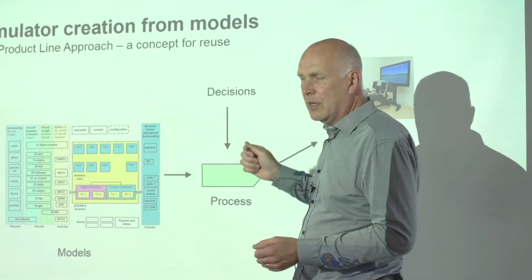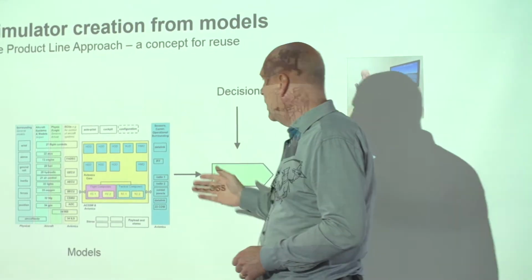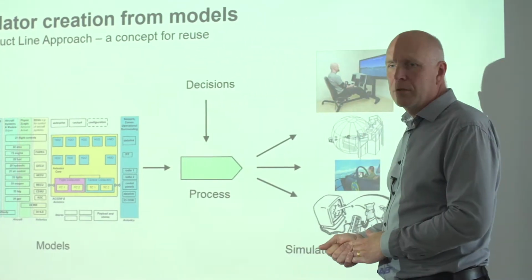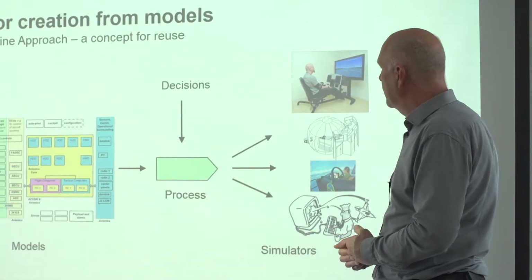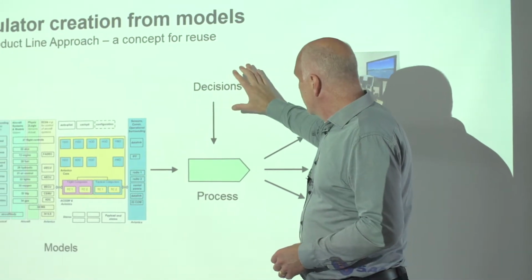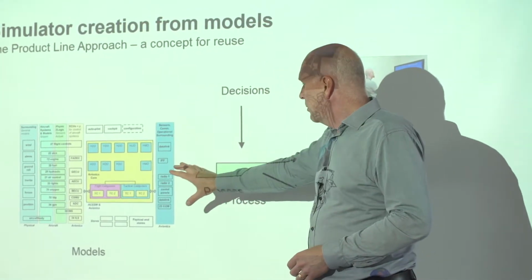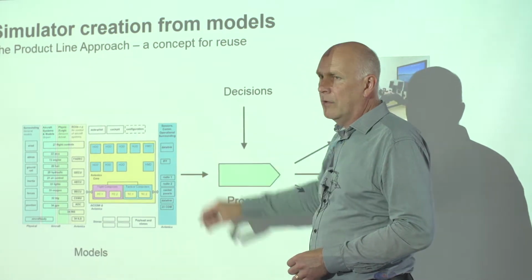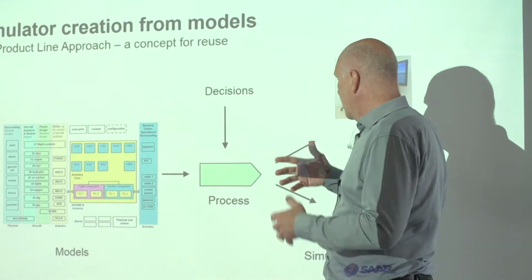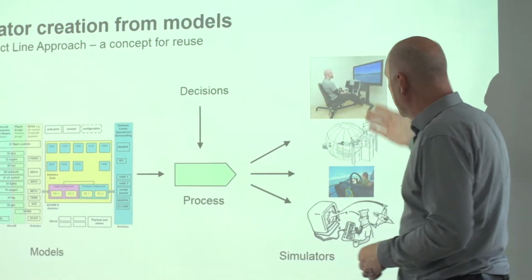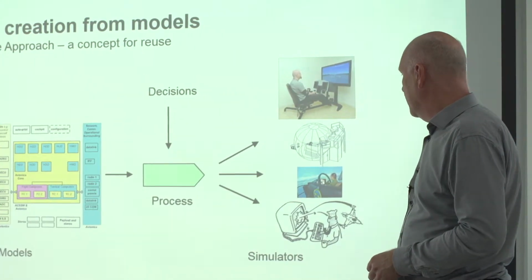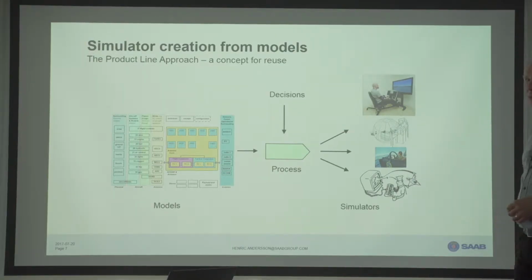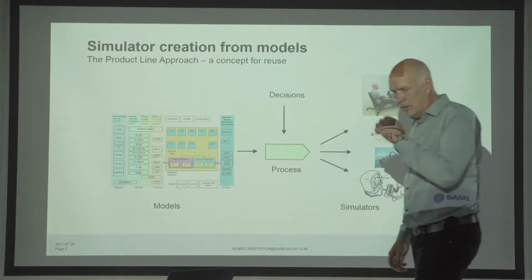So for some users, we have to take just a subset of the modules to integrate for a specific purpose. All those decisions go into the process, and we take the version variants of the modules from the module storage, put them together, and implement them in one kind of simulator. So this is the product line setting for building simulators.